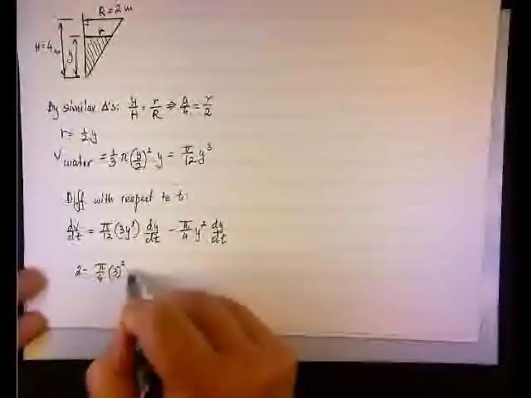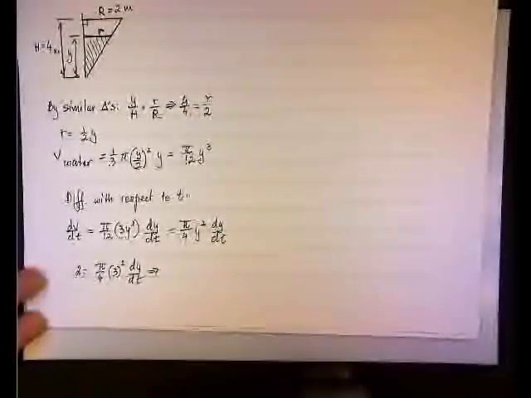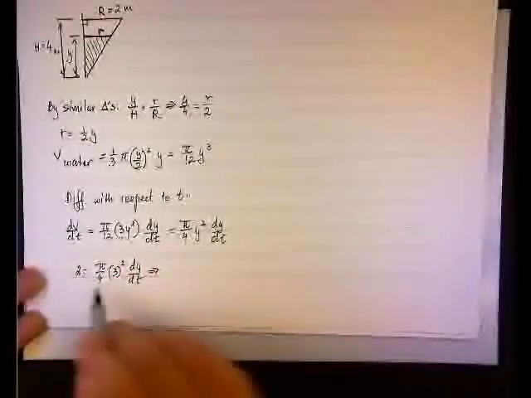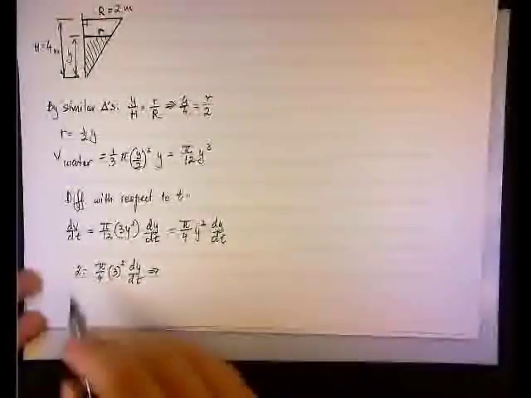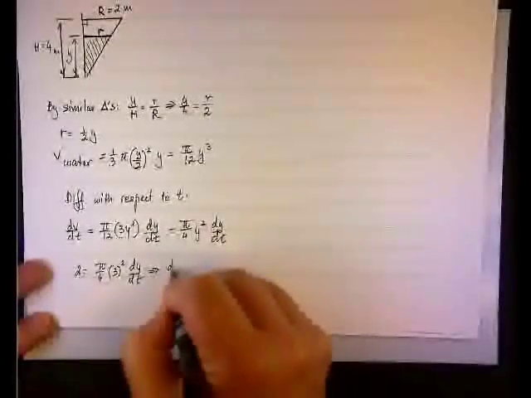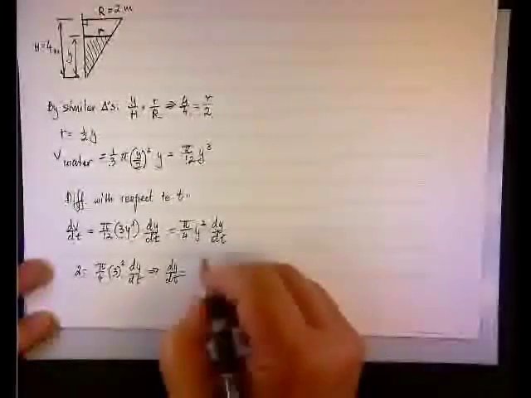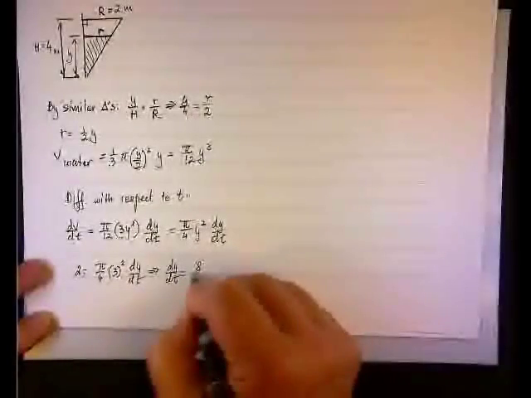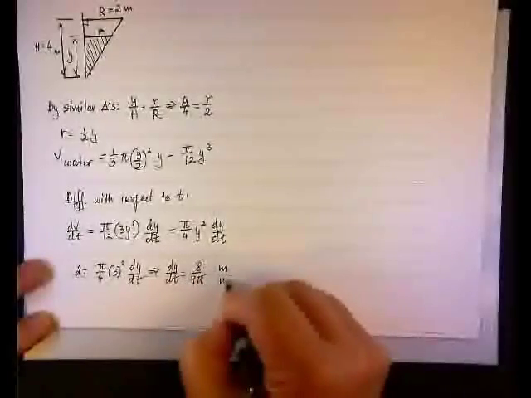So here we go, and now we are good to solve it. Of course, this will be 8 over 9 pi, I think. So dy/dt will be 8 over 9 pi, and the unit will be meters per minute.